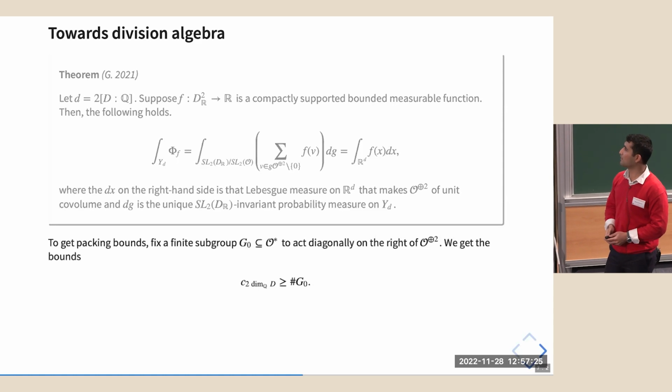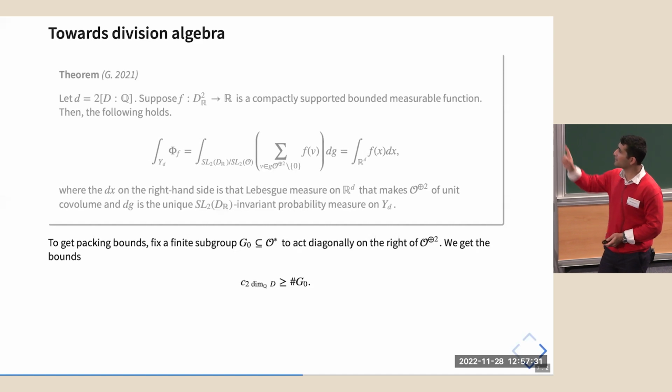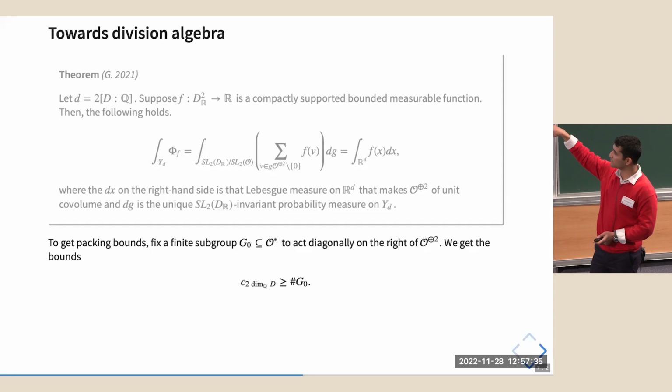So what you get is, in a space of dimension 2 times whatever is the dimension of D over Q, a lower bound that's equal to whatever is the biggest finite subgroup that can fit inside this division ring.